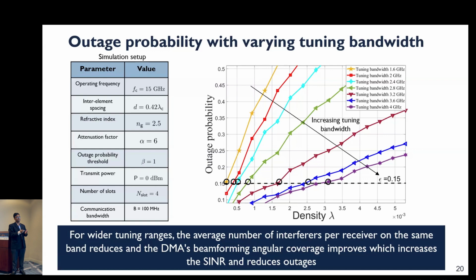The first effect is that as the DMA's tuning bandwidth increases, its angular coverage also increases, which means it can cancel out more interferers because of wider angular coverage. And the second effect is that as the tuning bandwidth increases, there are fewer interferers per receiver, and both of these effects help to reduce the outage probability.